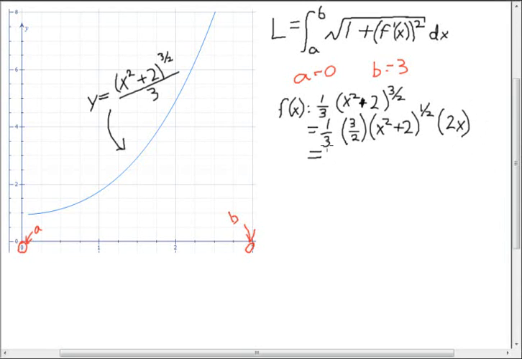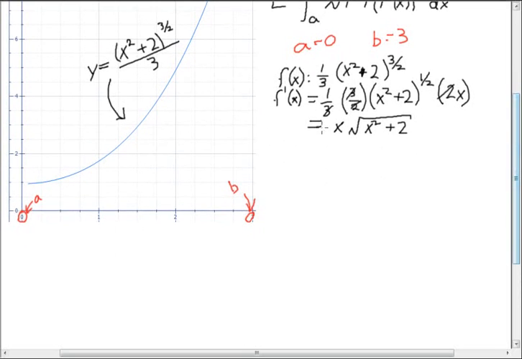So these cancel out, this cancels out, you get x times the square root of x squared plus 2. Okay, so here is your derivative. So there you go, f prime of x.